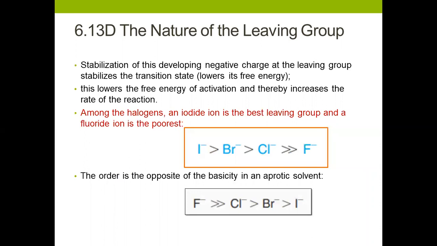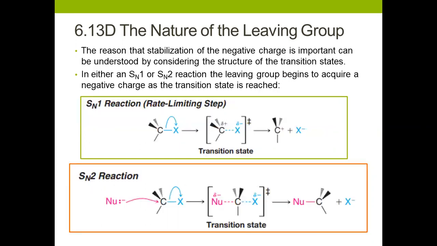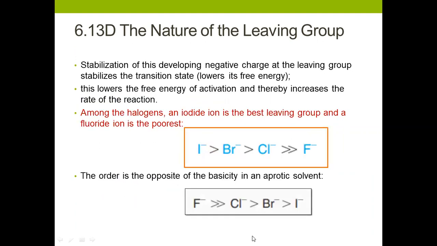So stabilization of the leaving group during the transition state will lead to stabilization of the negative charge at the leaving group. Stabilization of the developing negative charge at the leaving group stabilizes the transition state, and therefore that lowers the free energy of activation and increases the rate of the reaction.